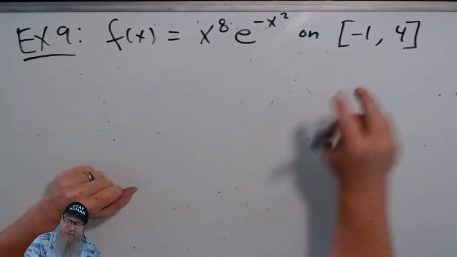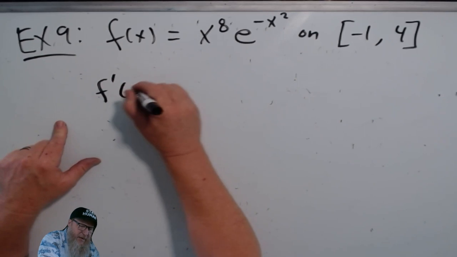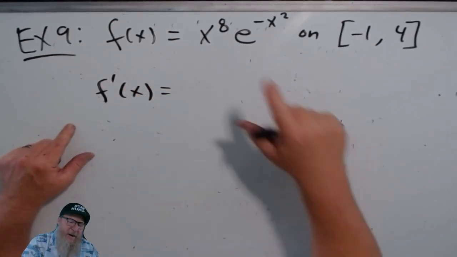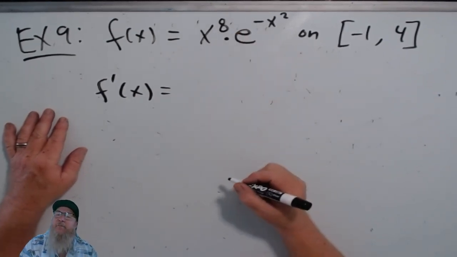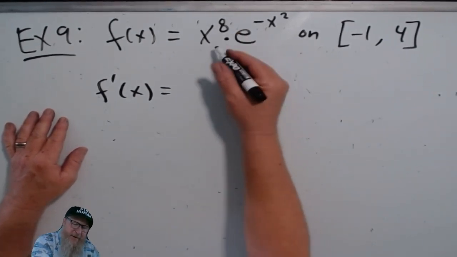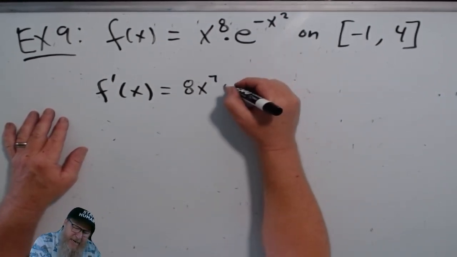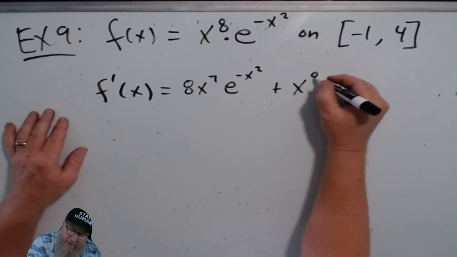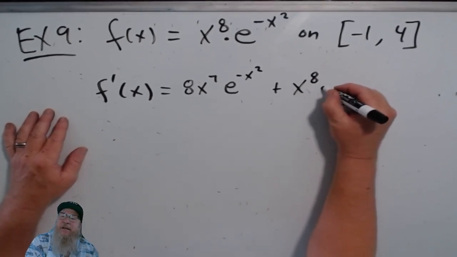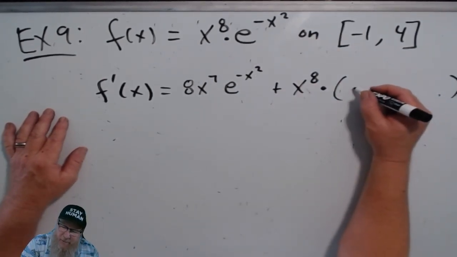So at some point we're going to plug in these numbers. We could do it now or we could do it later. Let's go ahead and take the derivative. And again, I really want to make sure we don't forget some of our basic rules. This is a product rule. So we have the derivative of x to the 8th, that's 8x to the 7th, times e to the negative x squared, plus x to the 8th times the derivative of e to the negative x squared.